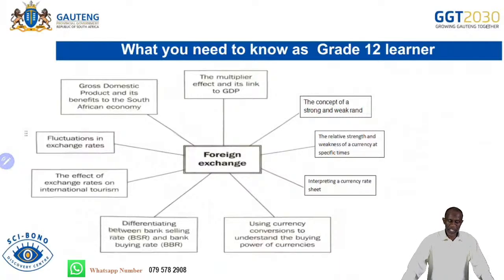All the concepts that I've alluded to revolve around foreign exchange, and they are as listed in this spider web diagram: the multiplier effect and the link to the GDP, the gross domestic product and its benefit to the South African economy, fluctuation in exchange rates, the effect of exchange rates on international tourism, differentiating between bank selling rate and bank buying rate, using currency conversions to understand the buying power of a currency, interpreting a currency rate sheet, relative strength and weakness of a currency at a specific time, and the concept of a weak and strong rand.